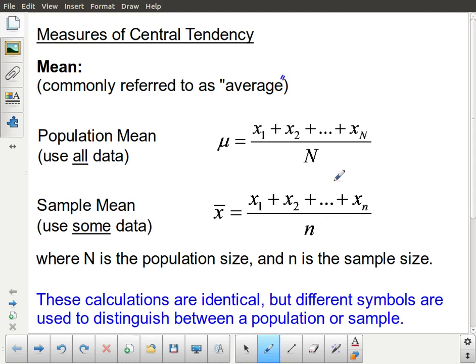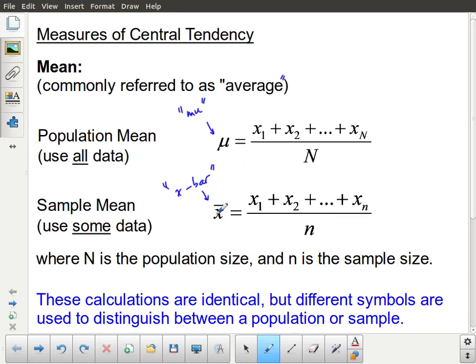Okay, in either case, you can see the formula here looks very similar. For those not familiar with it, this is the Greek letter mu, which is traditionally used for the population mean. And this, we would normally call x bar if we were trying to describe it, let's say, over the phone.